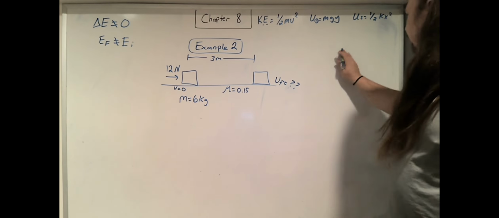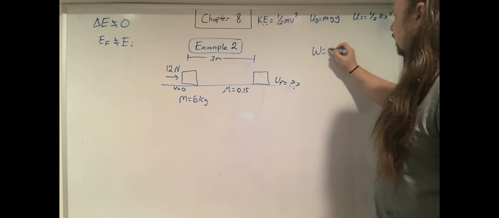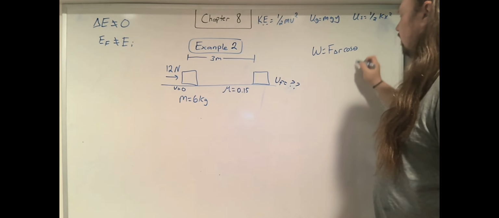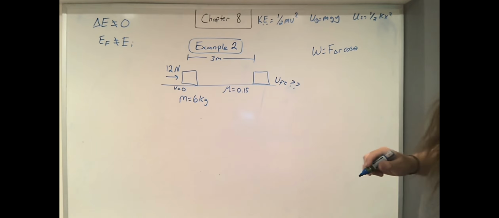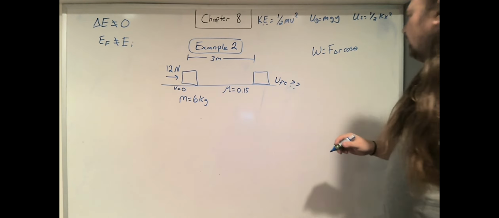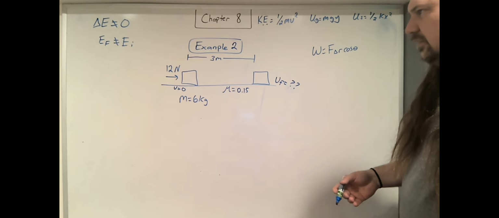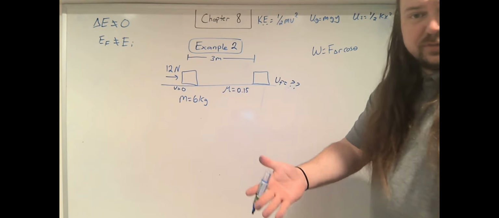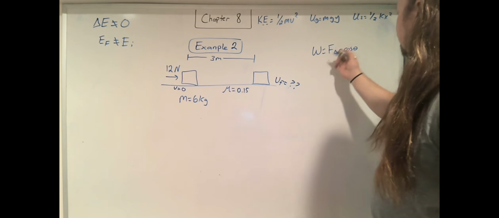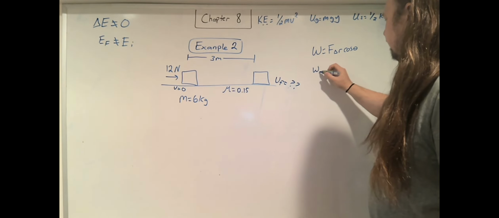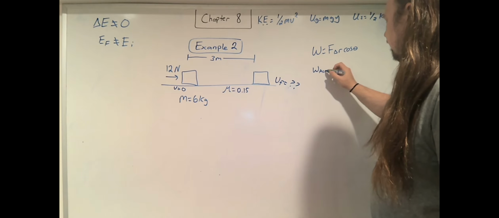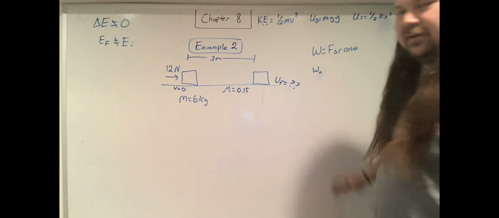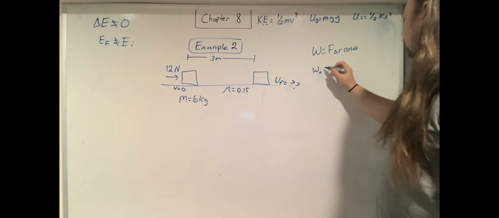So if I look at the equation for work, and we're going to use the force, change in r, cos theta equation, I want to look and see what is doing work, right? We're doing work by pushing the box, all right? So that's one thing. We are pushing the box. So let me look at that. I'll call that the work done by you, okay? We'll look at that. Work done by you.